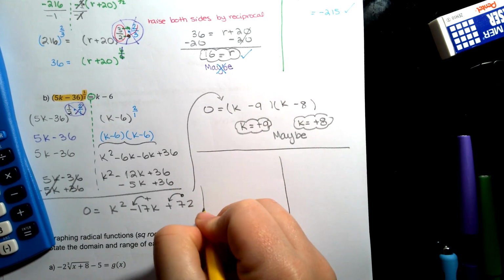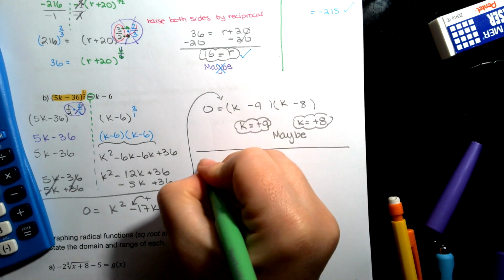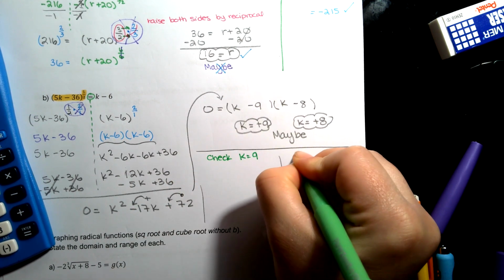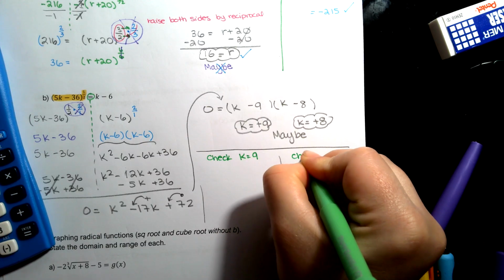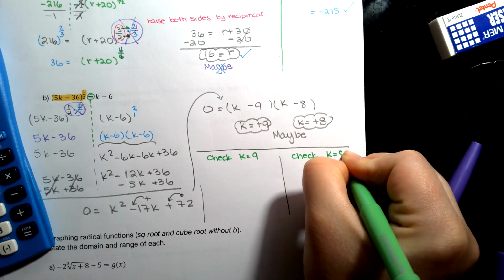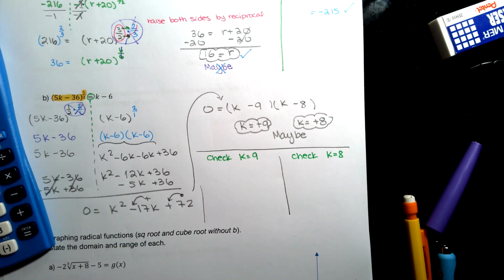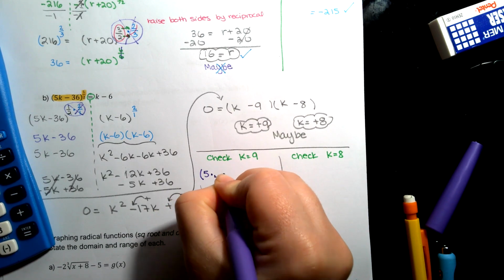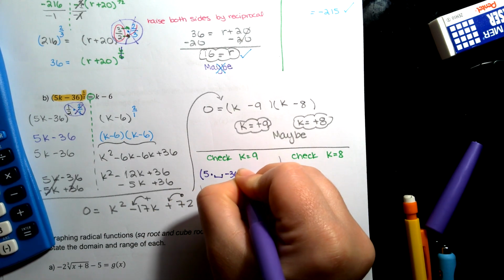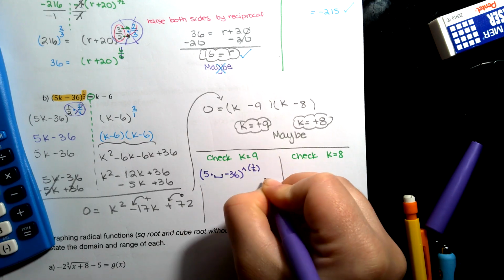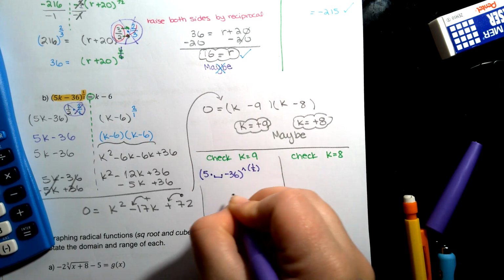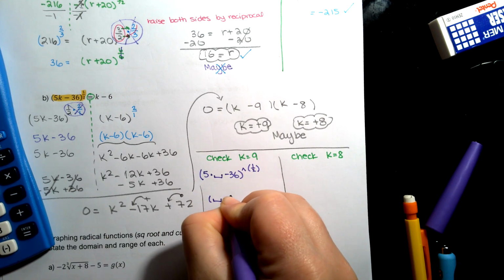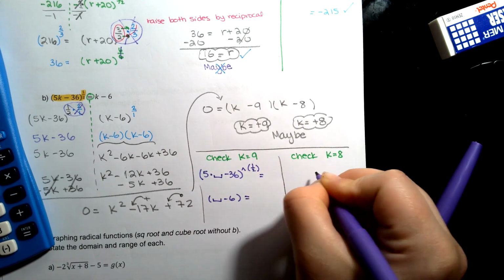But what you're doing when you're checking is you're going to open up your values and plug in and make sure that they work out. So for our check, I have 5 times our k value minus 36 raised to the power 1/2. Make sure 1/2 is in parentheses on one side. On the other side, I don't have space, so I'm going to do it in 2 lines. I have k minus 6, and make sure those two are equal.